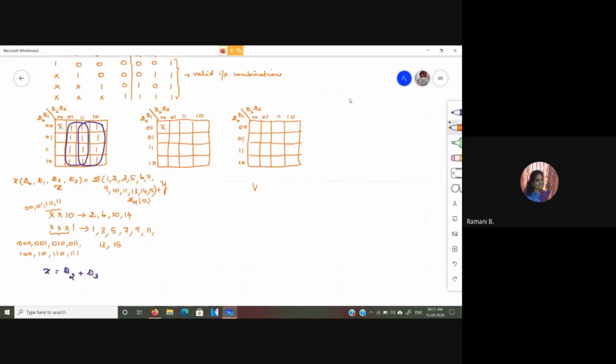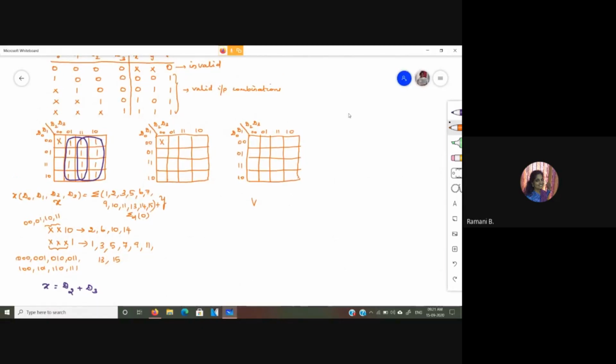So for y, we have fill the don't care over here with 0, and we have this is x100. That gives me a 1. So this x can take either a 0 or 1. So that is nothing but 0, 1, 0, 0, 4 and 1, 1, 0, 0, so 12.